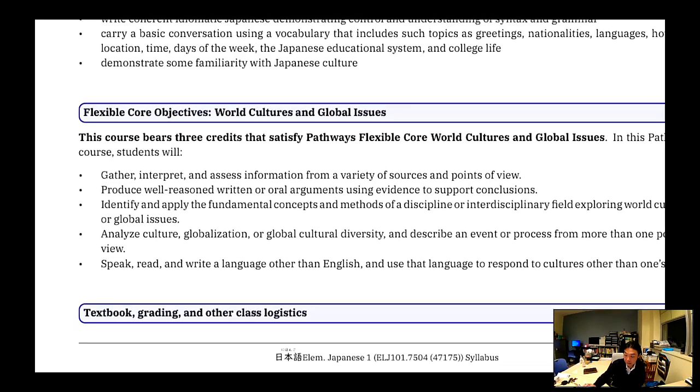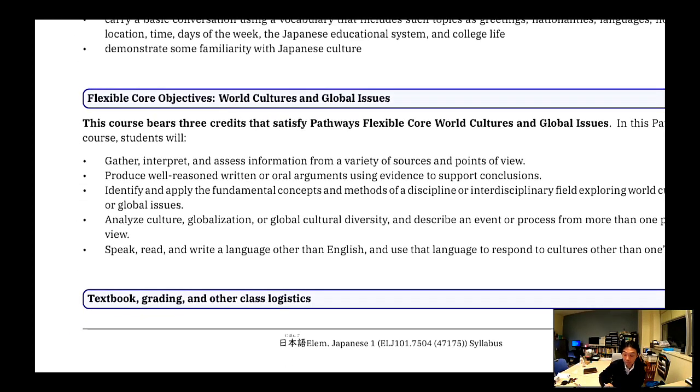This class satisfies your Pathways general education requirement, especially the category called World Culture and Global Issues. If you're not sure how this class helps your degree requirement, please come to see me. I can look at your record and let you know if it's okay to take this class.